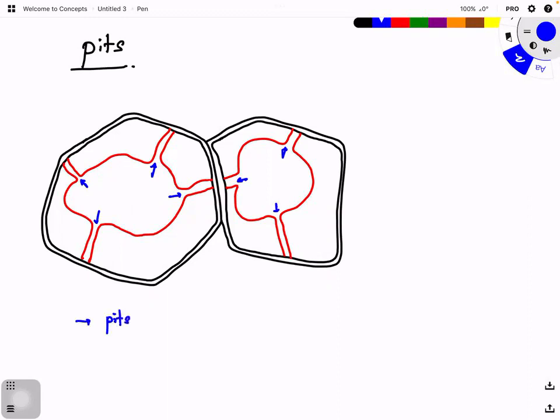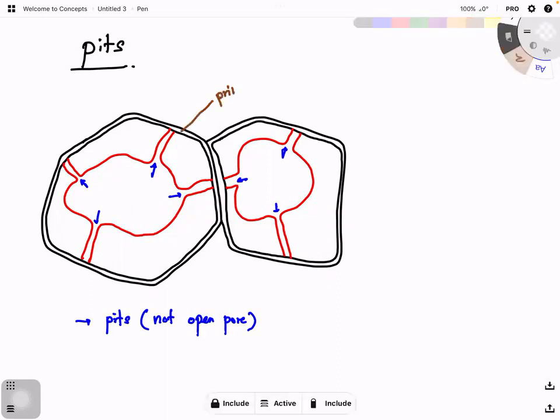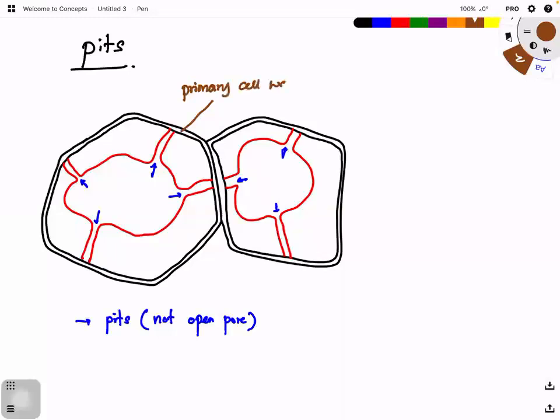Are they open pores? No, they are not open pores. Okay, if you label it, you still have the primary cell wall. Can you see that? And the lignin forms the secondary cell wall.